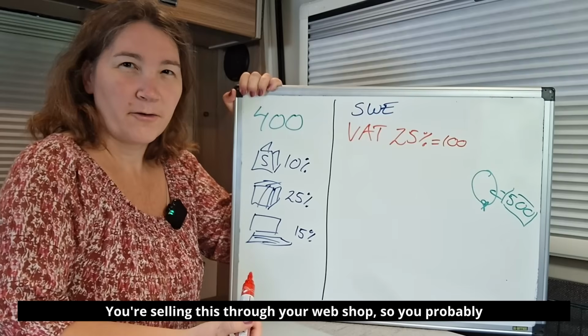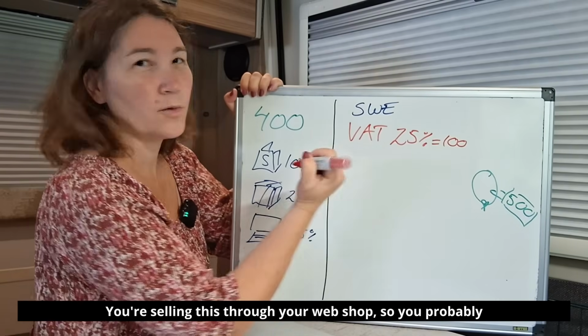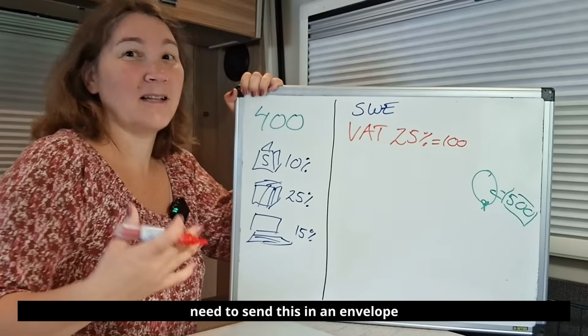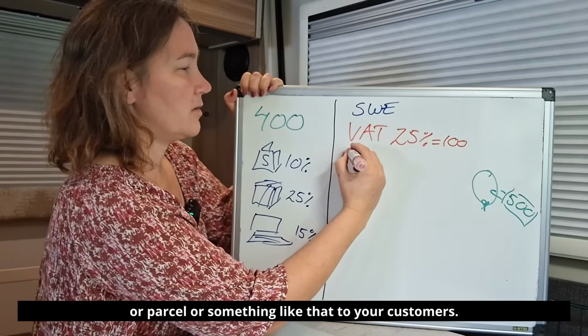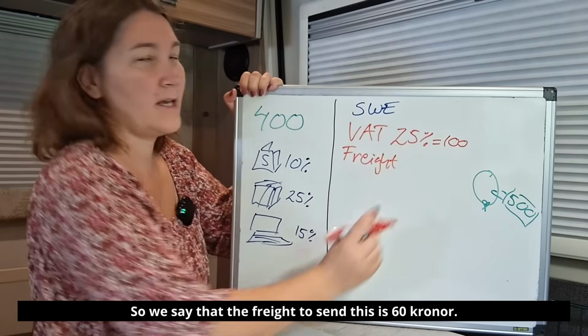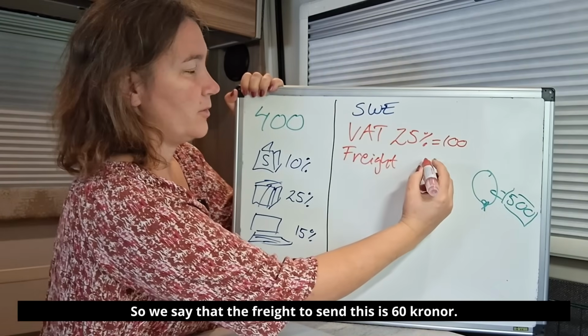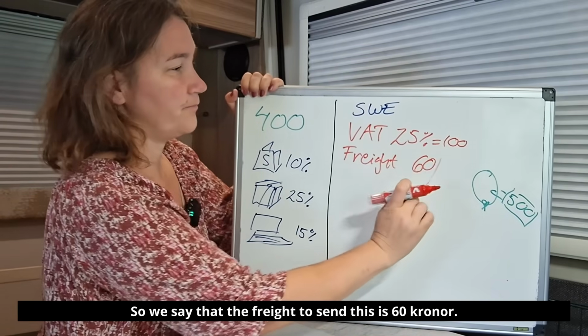You're selling this through your web shop, so you probably need to send this in an envelope or a parcel or something like that to your customers. So we say that the freight to send this is 60 kronor.